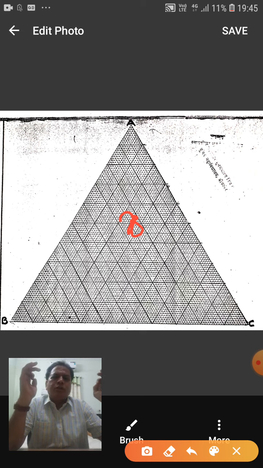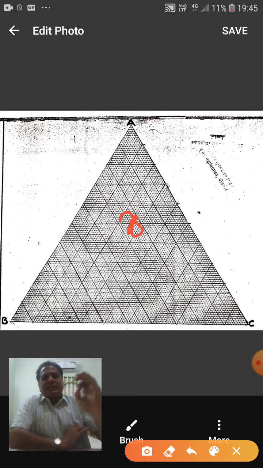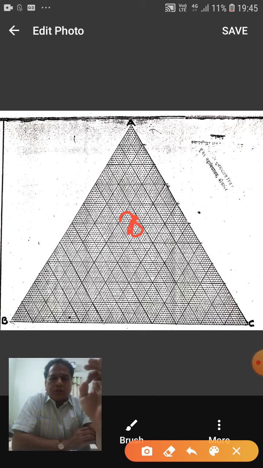Once there are values for three components, naturally that point will lie inside the triangle. So it is clear, we can mark hundreds, thousands of points which will represent the proportions of the three variables A, B and C on this diagram. So the three components can be represented on a triangular graph in two dimensions.